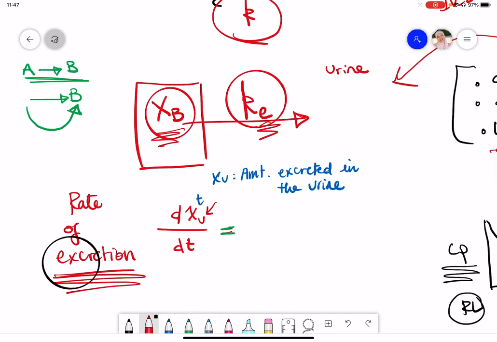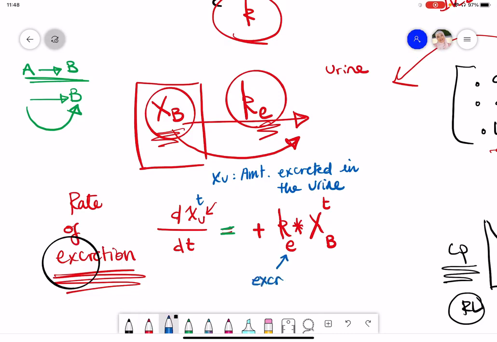So let's go back here and have it in terms of amount and rate of excretion. First of all, we have the amount in the body that is increasing at this side, and the rate constant would be the excretion rate constant. And again, if we remind ourselves, this is the excretion rate constant, that is first order for sure.